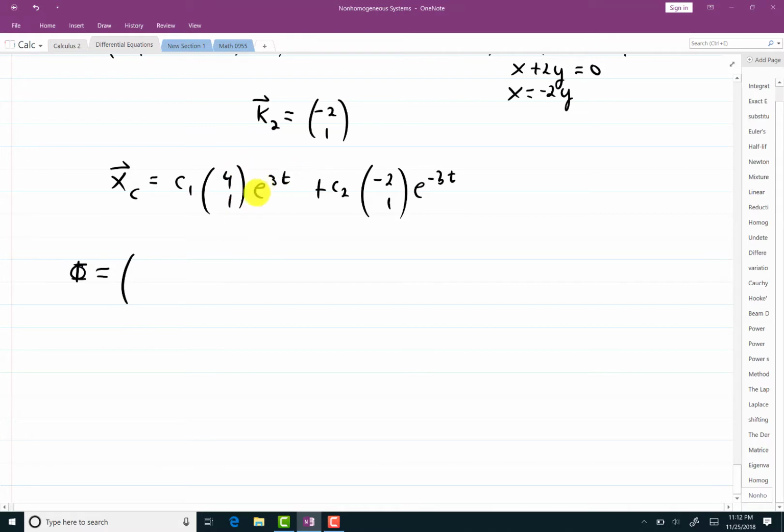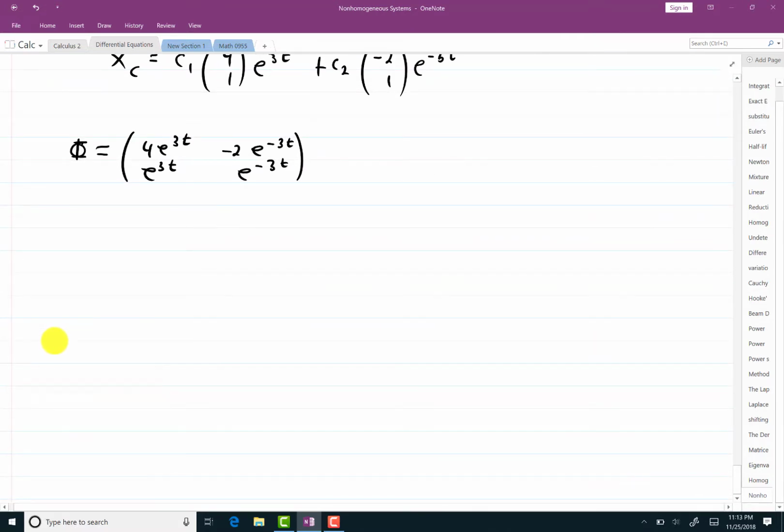So include the t's in it. So I have 4e to the 3t, e to the 3t. So there's my first column. And then over here I get negative 2 e to the negative 3t, e to the negative 3t. And then I'm about ready for my solution.